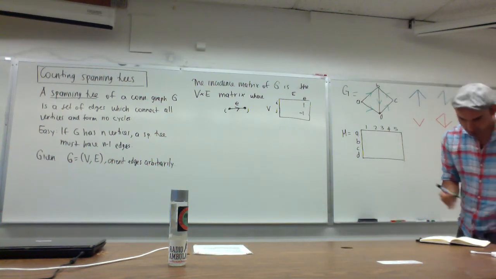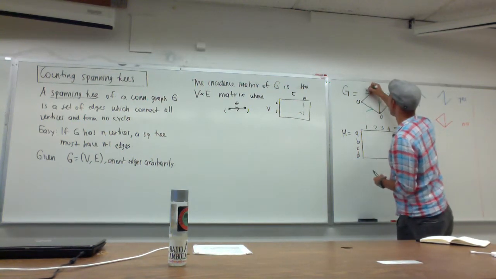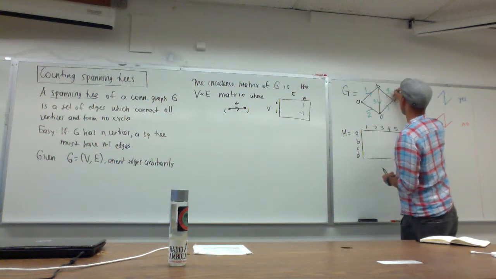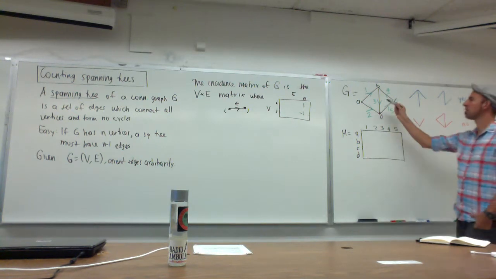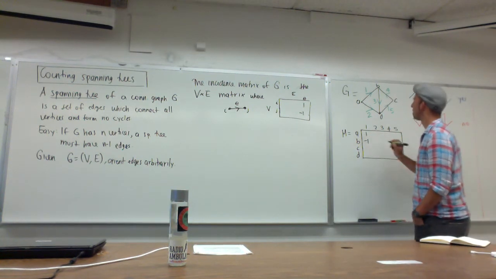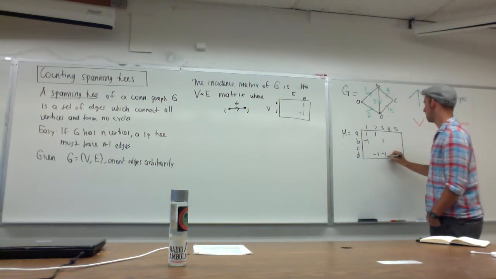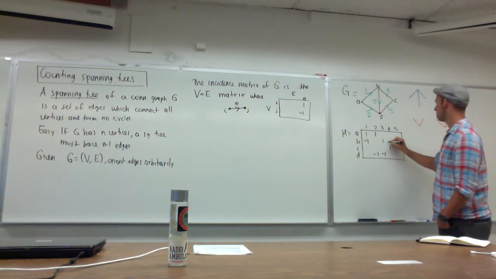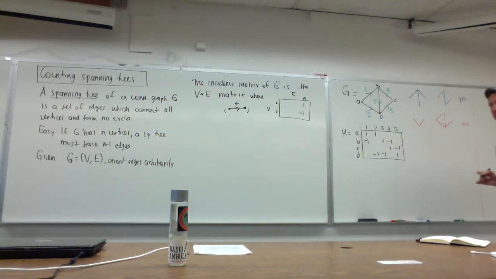I call them 1, 2, 3, 4, 5. Basically in this matrix I just say, edge 1 goes from A to B, edge 2 goes from A to D, edge 3 goes from B to D, edge 4 goes from C to B, and edge 5 goes from D to C. And then the rest is zeros, and I'm not going to draw them because it's a little bit easier to read it like this. So this is the incidence matrix.